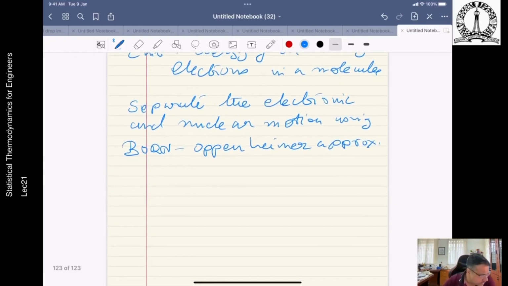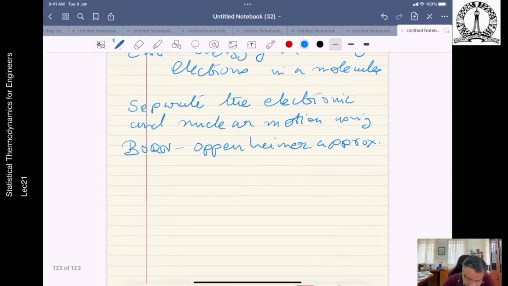That means obviously the mass of the nucleus is much greater than the mass of the electrons. This we know.